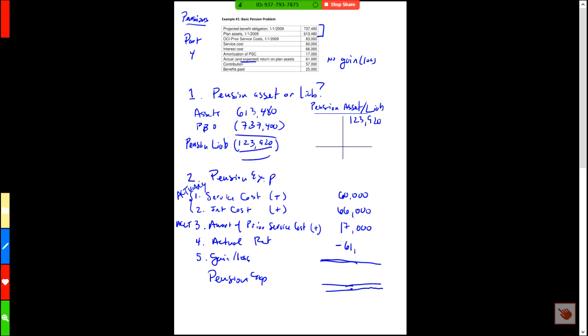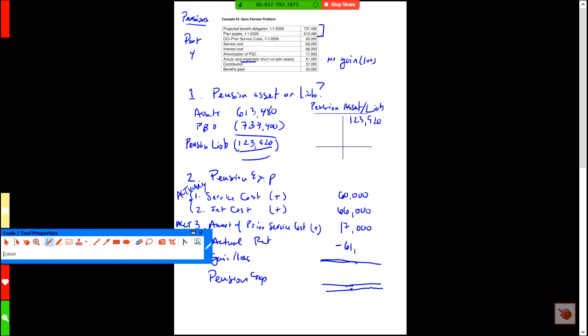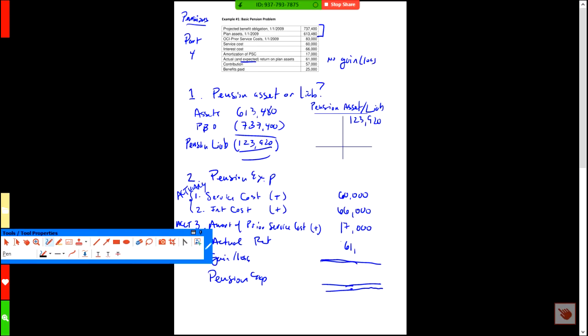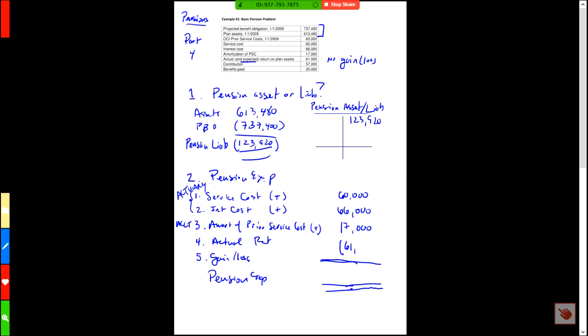So let me put that in parentheses to use our accounting format. So minus 61,000. And you total that all up, and it looks like I've got 82,000 in pension expense.